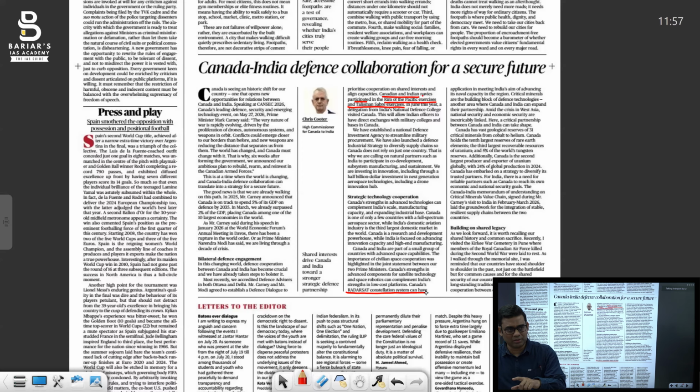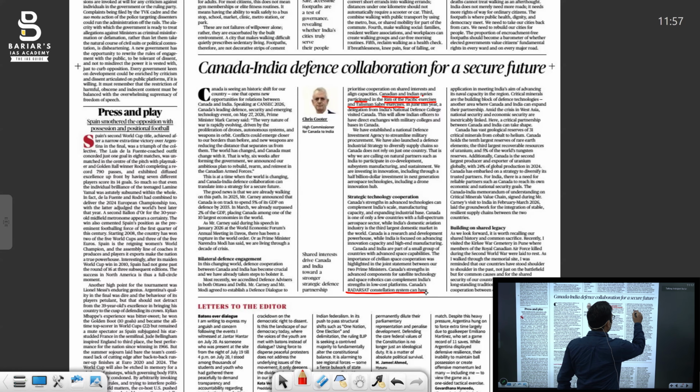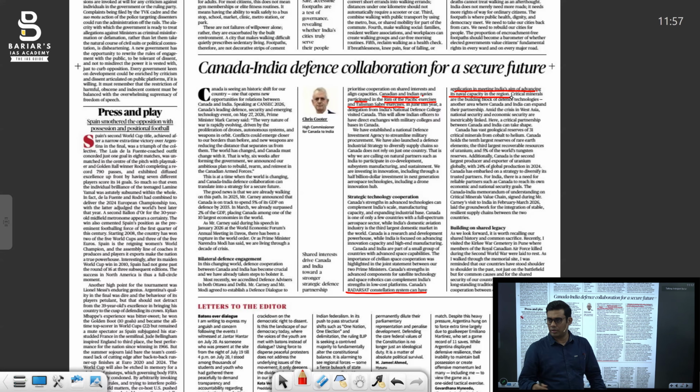And that is where India finds the application. When you talk about naval technology, information about the ocean from the RADARSAT Constellation becomes very useful. And that is what you can read over here: the RADARSAT Constellation system can have application in meeting India's aim of advancing its naval capacity in the region.